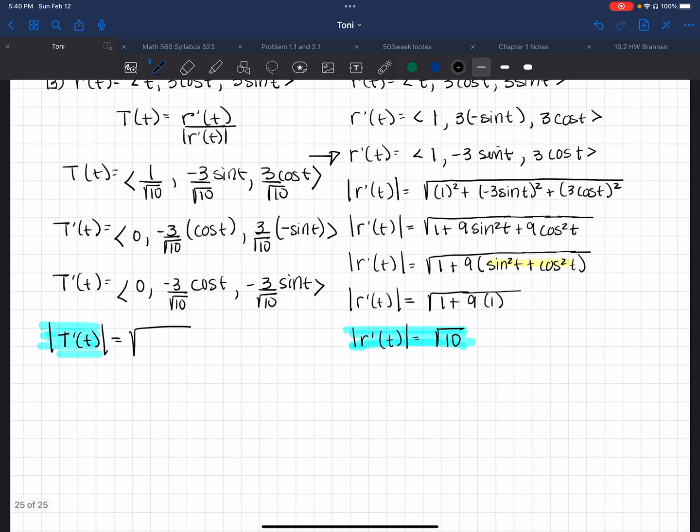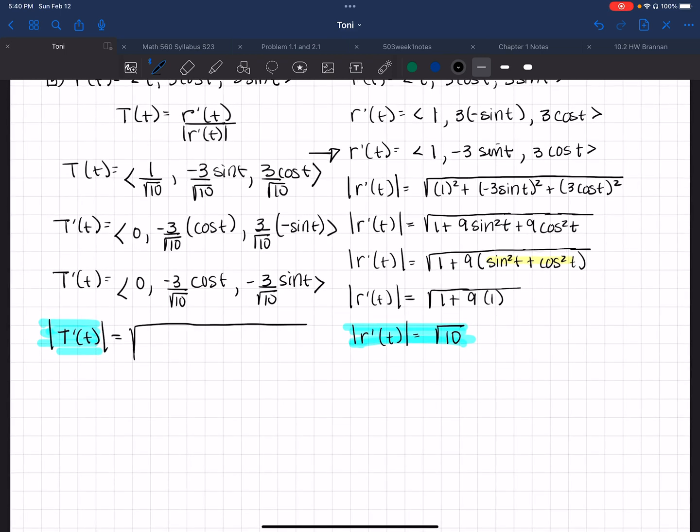Okay, so now I have the square root, I'll make that a little bigger, of 0 squared plus negative 3 over the square root of 10 cosine t squared plus negative 3 over the square root of 10 sine t squared.